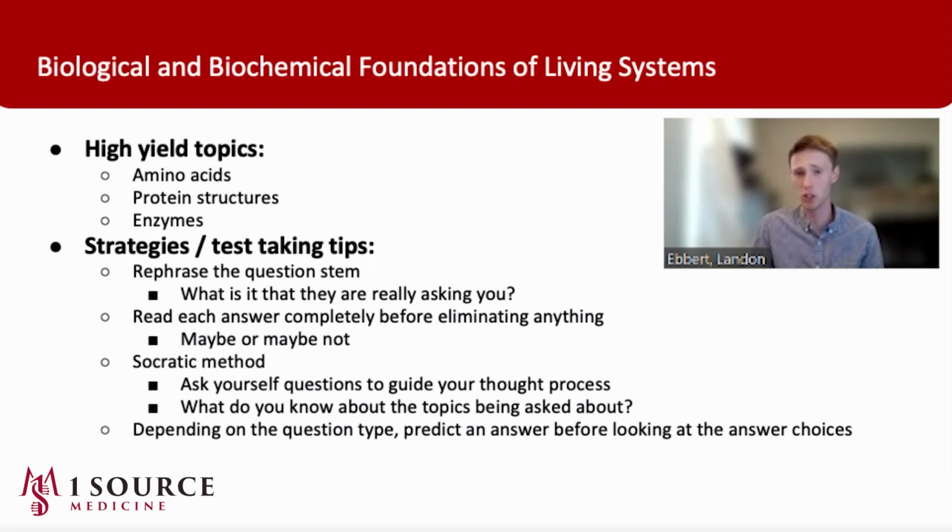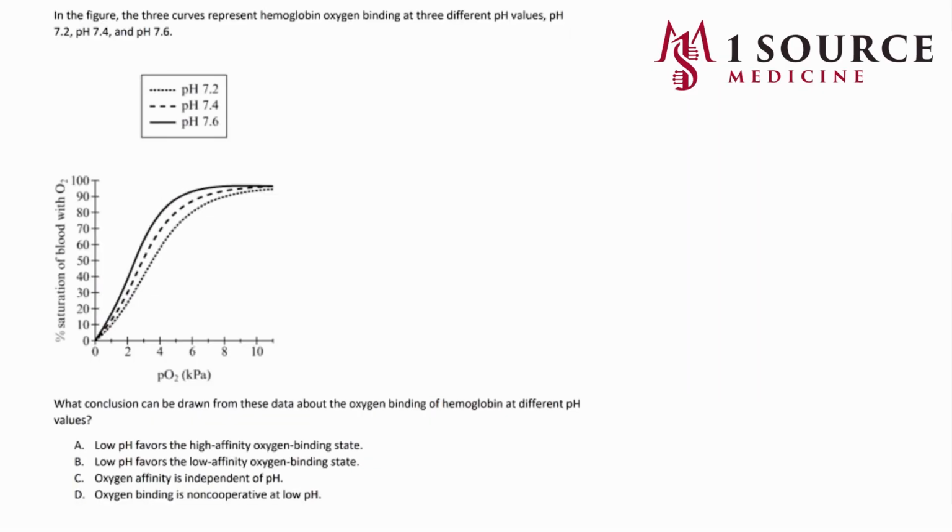And this is especially useful for those who tend to overanalyze, who can talk themselves into any single answer choice. But by predicting an answer ahead of time and having some confidence in your thought process, you can just pick the answer that most aligns with what you thought of ahead of time. And this doesn't work for every single question type, but it does in a lot of instances in bio, and sometimes in CP as well.